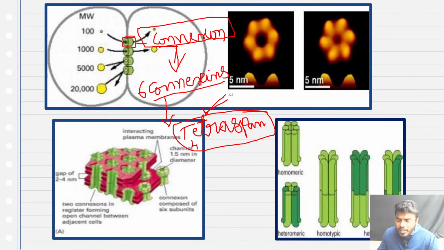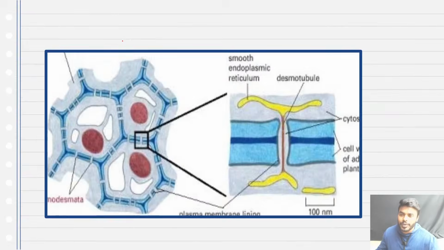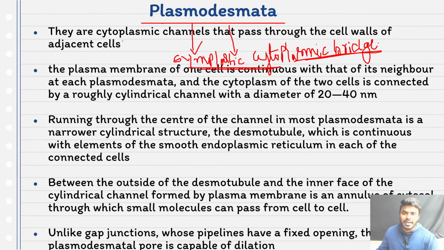And I want you to remember, while studying the gap junction, I told you that every ion, every molecule cannot be transported. I have told you very clearly one important statement, listen to me: transport specificity is determined by the size of the ion or size of the molecule to be transported. And I want you to also remember that plasmodesmata also never allow every ion or every molecule to be transported.